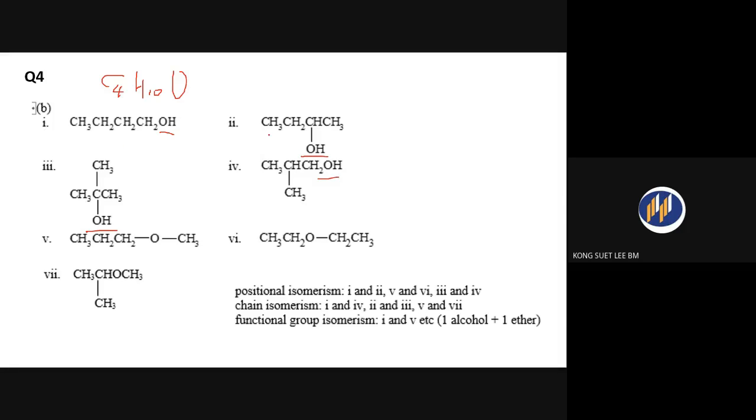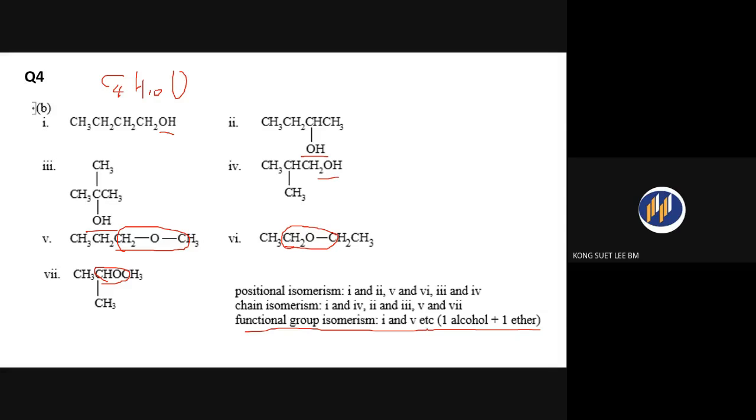So there are 4 structures for alcohol. Okay, another 3 structures for alkoxy. So as you know, the relationship between alcohol and ether, meaning the hydroxyl and alkoxy, is functional group isomerism. As long as any alcohol with ether, then consider as functional group isomer already.